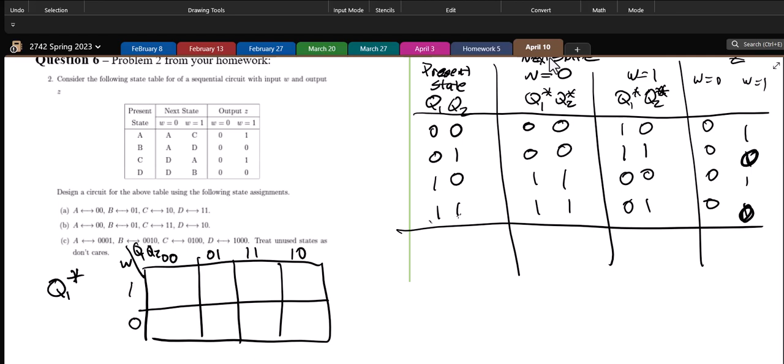Now, we're just looking at Q1 star. So that means we're just looking at the first bit in each of these 2 columns here. That is yellow on my computer and comes up gray on the projector here. But hopefully y'all can still read that.